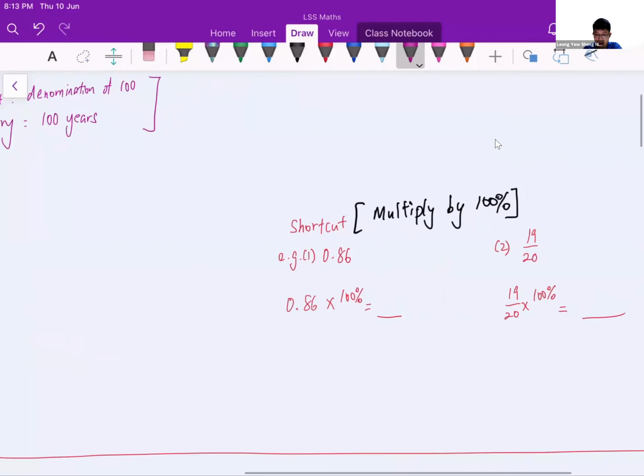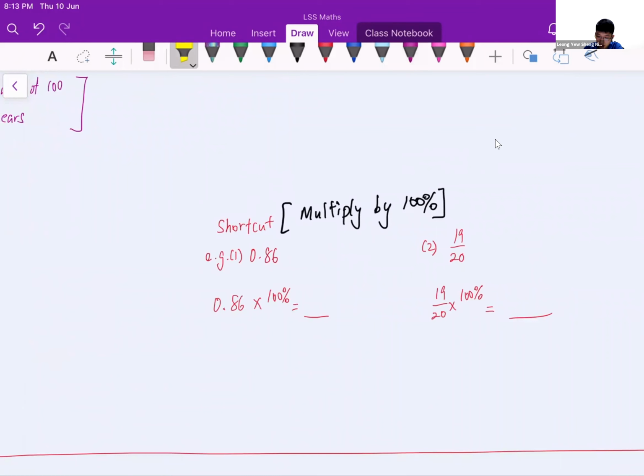No matter whether you get a decimal or a fraction, I can straight away convert it to percentage by multiplying by 100. For example, in this case, 0.86, I times 100%, it will straight away give me 86%.